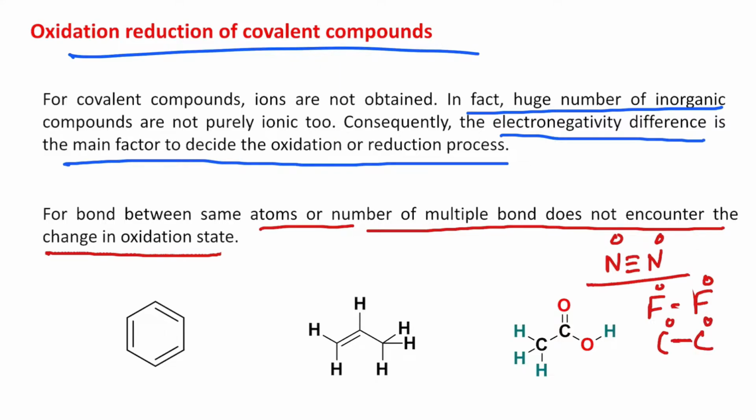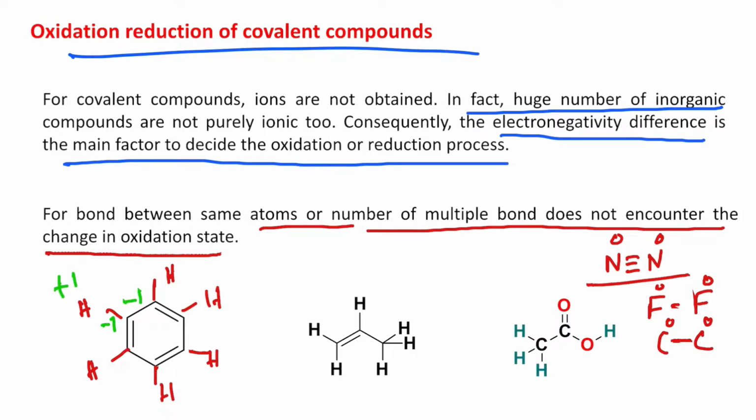But in this case, if I say this is actually benzene, meaning there are 6 hydrogens attached to these carbons. Now in this case, if you check the oxidation state, all carbons have oxidation state -1 and hydrogen is +1, because carbon is relatively more electronegative compared to hydrogen. So it's very low polar, but this difference is there.